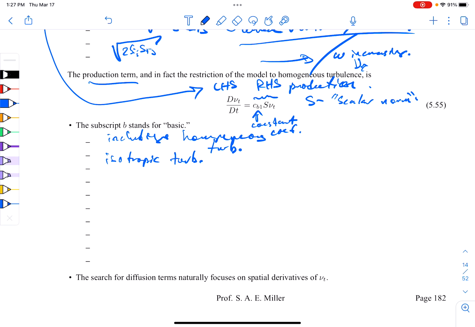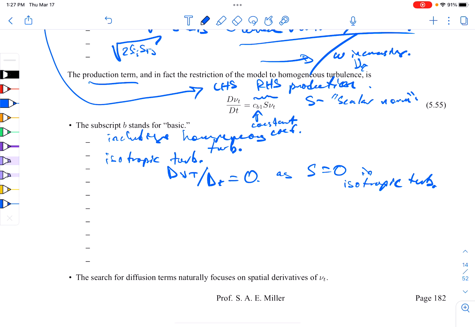you would have something like d nu t, dt is 0, as S is 0 in isotropic turbulence. And in isotropic turbulence, from the book on homogeneous isotropic turbulence, we know that the turbulent kinetic energy will decay as time to the -6/5 power.